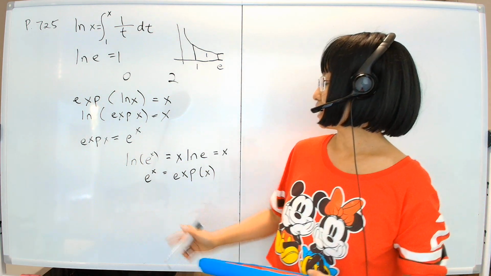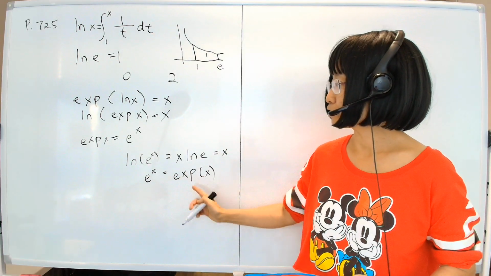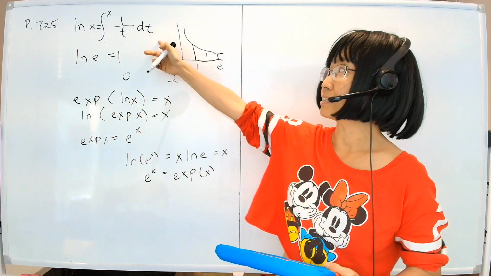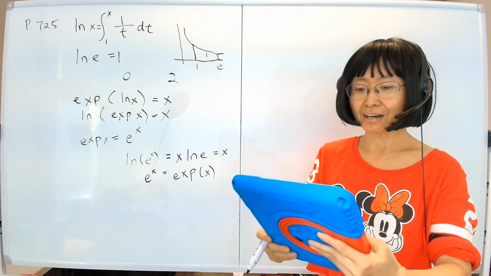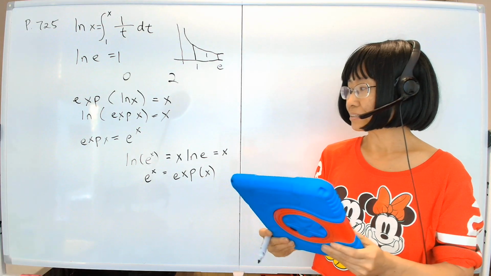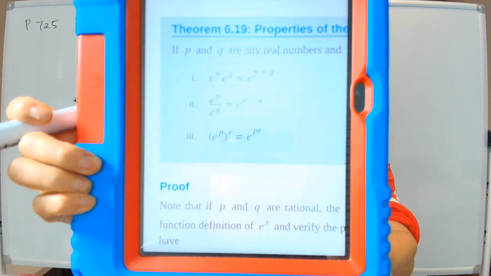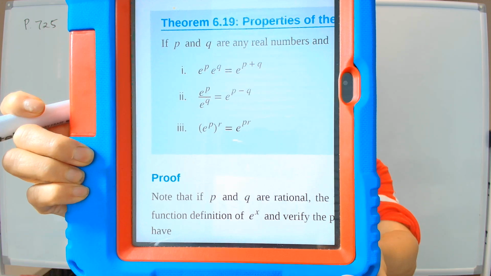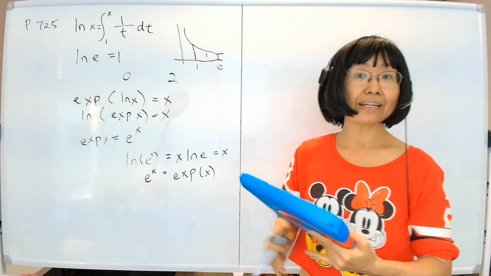Now that the alien has discovered e to the power x, where e is that specific number and happens to be the inverse function of the natural log defined earlier, the alien is very excited to find out certain properties of the function e, and very fast, of course, to develop these standard properties, where powers are added together, division is the same, and the third power the same way. Now, how does the alien find that out?